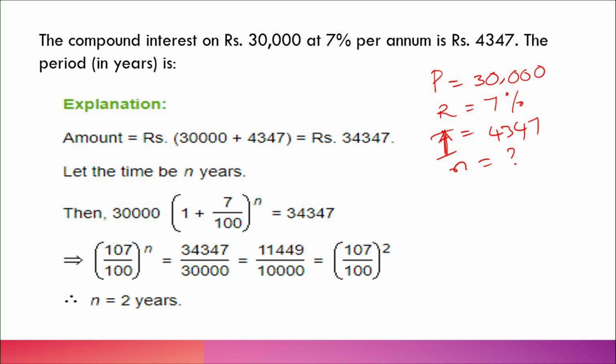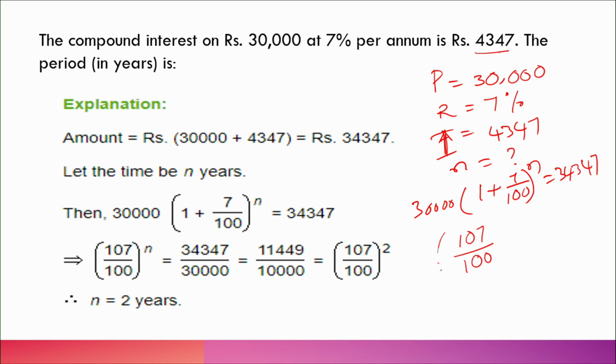Already you know that 30,000 of (1 plus 7 by 100) whole power n is equal to 30,000 plus 4,347, that is 34,347, correct. So you can say (1 plus 7 by 100) whole power n: 100 plus 7 is 107, so 107 by 100 whole power n is equal to 34,347 by 30,000.